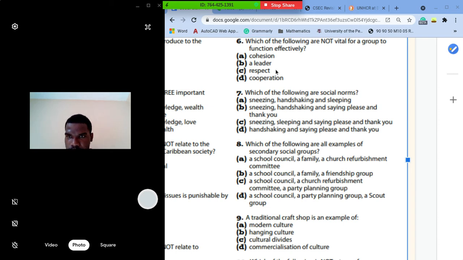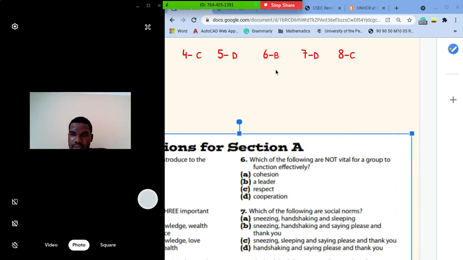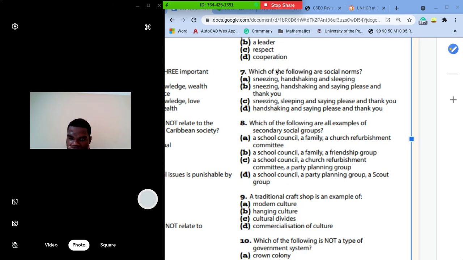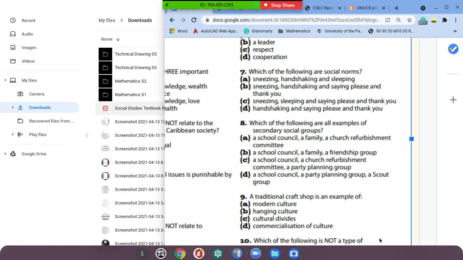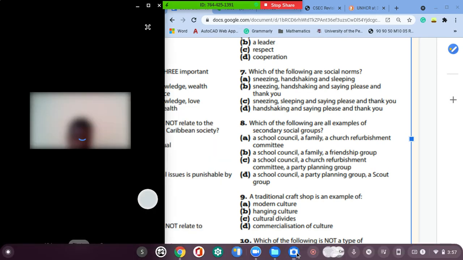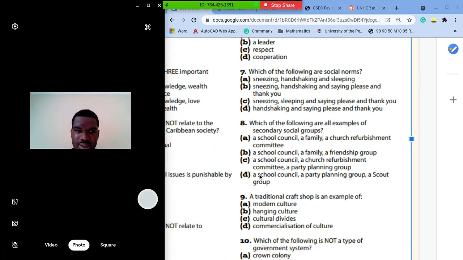C, sir. So he said a school council, a church refurbishment, and a party planning club. It is C. Yes, you're correct. Tell me why it couldn't be A. Because these had family and friends. Right, and family are primary groups, one that you cannot decide to be a part of. You have to be a part.